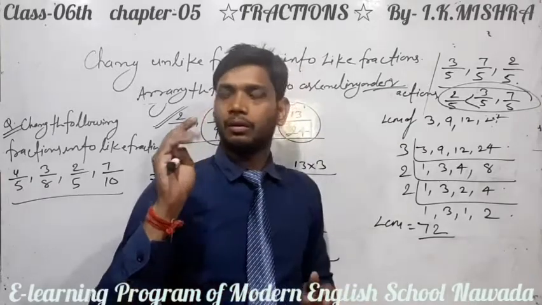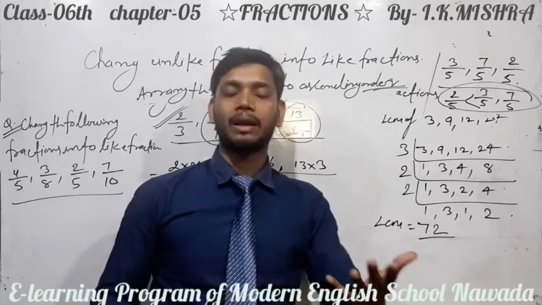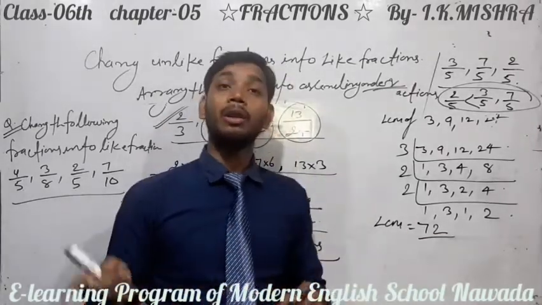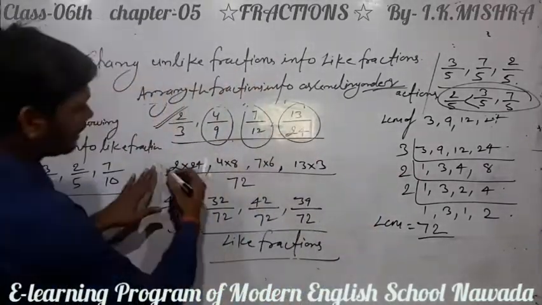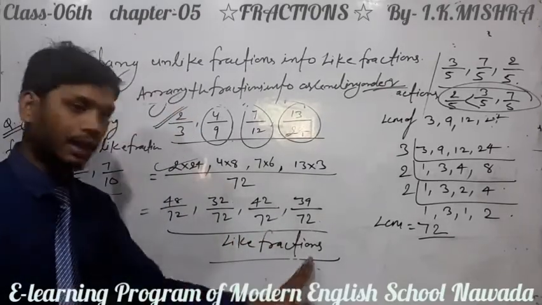For finding larger and smaller fractions, for more than two fractions, first of all find the LCM. That means first of all change unlike fractions into like fractions. Here all of these are like fractions.